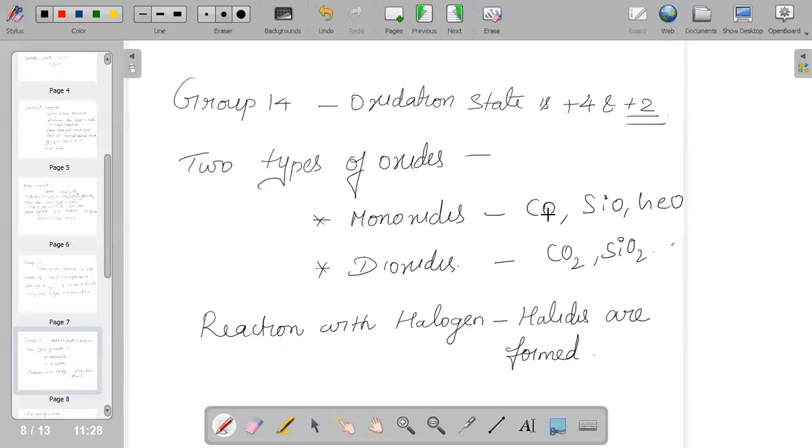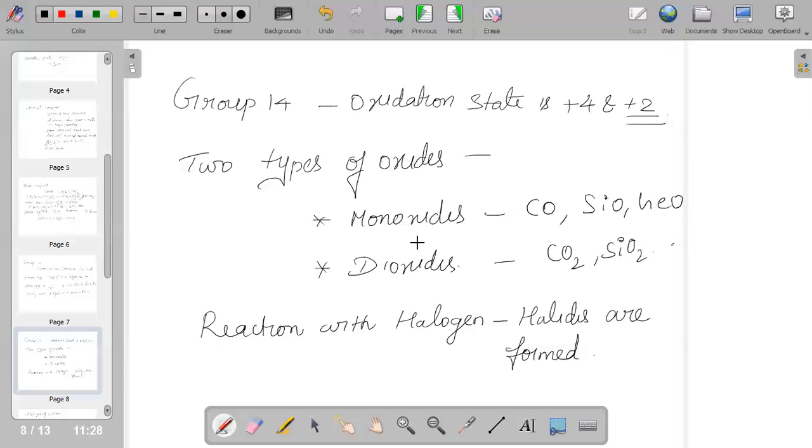But if you compare all these, CO is the strongest reducing agent because it has the ability of accepting oxygen and forming a stable oxide, carbon dioxide. We all know the solid form of carbon dioxide is called dry ice, and the commercial name of dry ice is dry cold.